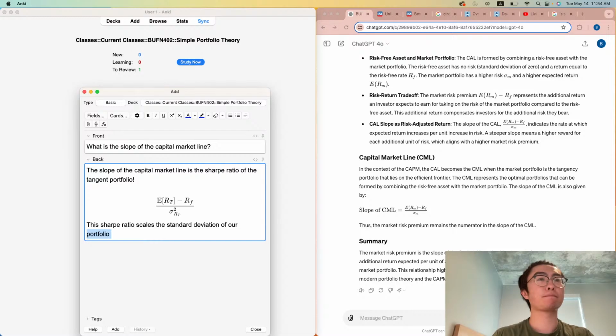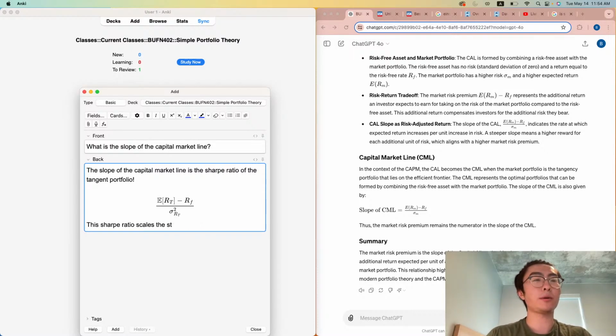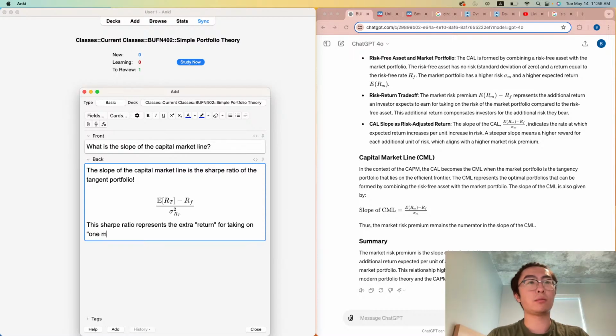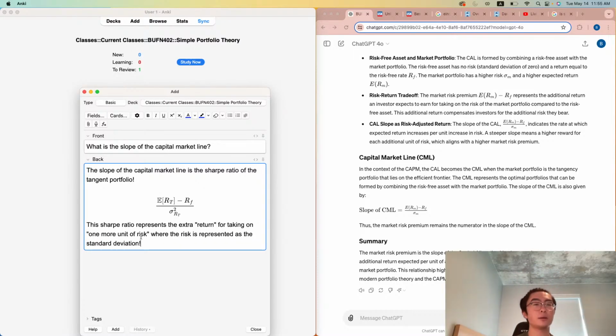degree of risk. Okay, so the Sharpe ratio represents the extra return for taking on one more unit of risk, where the risk is represented as the standard deviation.